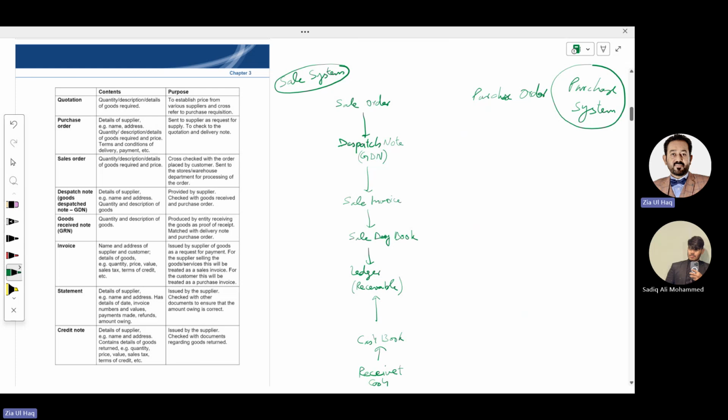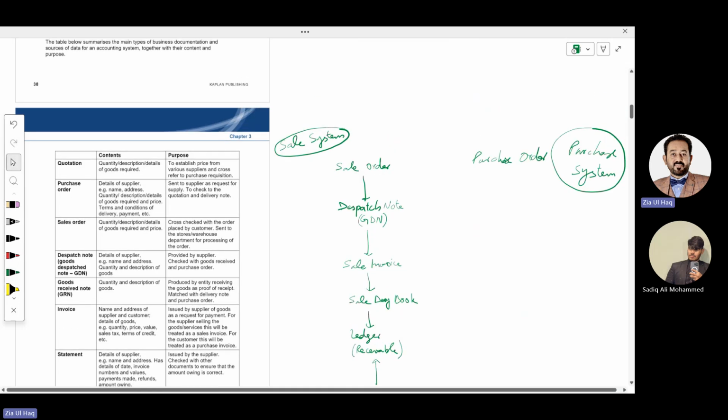This is proof that the company has placed the order to the supplier. But before this purchase order, before placing the order, the company obtains quotations from suppliers. If the company wants to purchase anything, any asset, any inventory, they ask different suppliers to send their quotation.